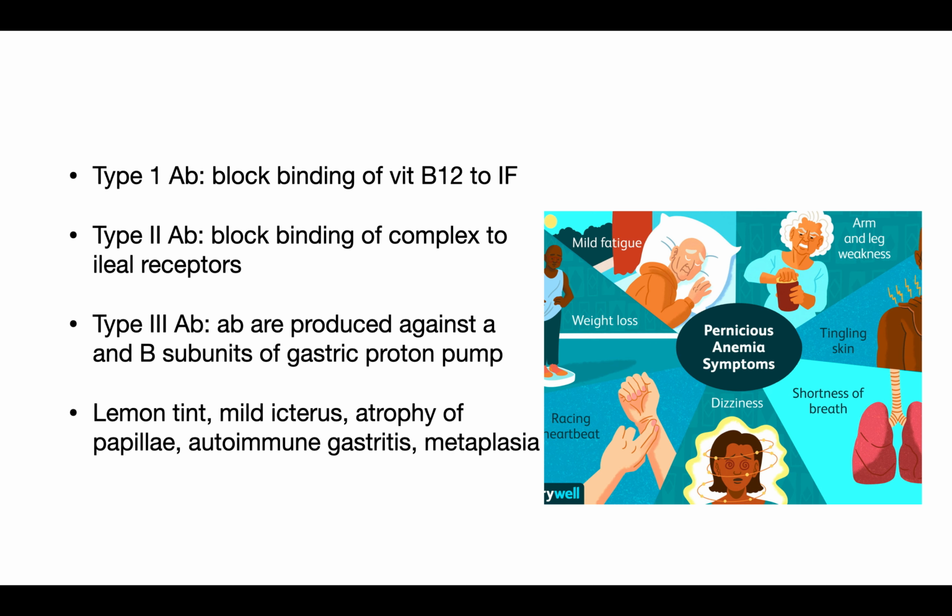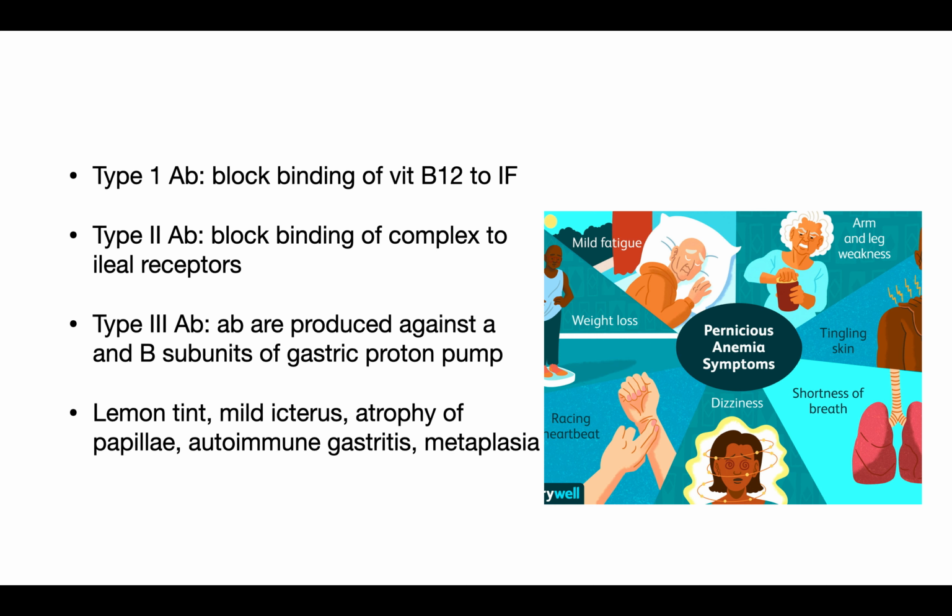Type 1 antibodies can block B12 binding to intrinsic factor. Type 2 antibodies are going to block the binding of the complex to the ileal receptors. Type 3 antibodies are the antibodies that are produced against the alpha and beta subunits of the gastric proton pump. So this is going to cause the achlorhydria.